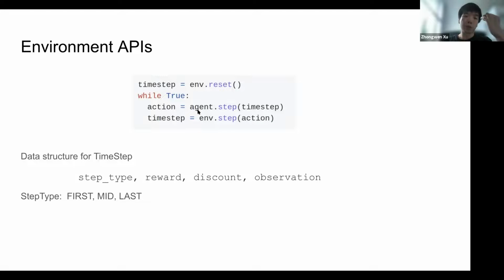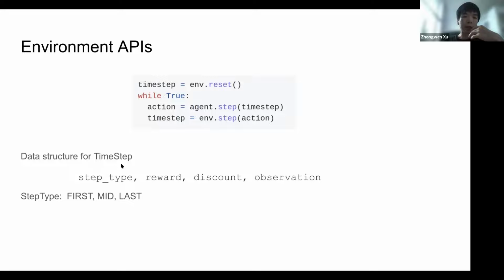That's what an agent does. Then the action produced by the agent is fed back to the environment, and the environment gives the agent the next time step. The loop continues: the agent takes the time step to produce an action and moves it forward.